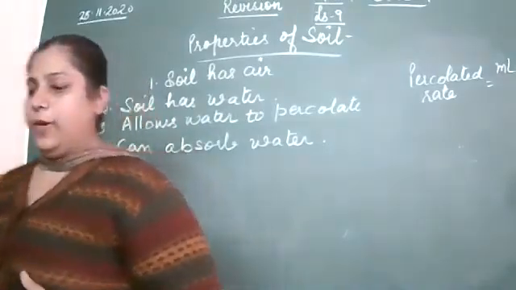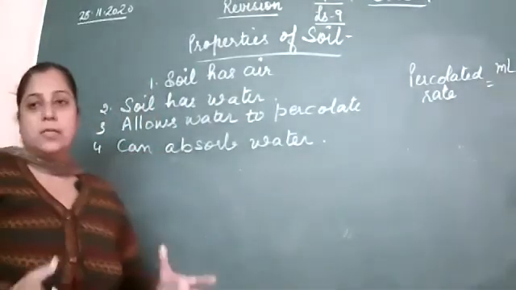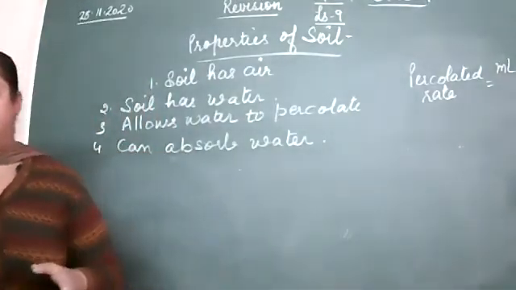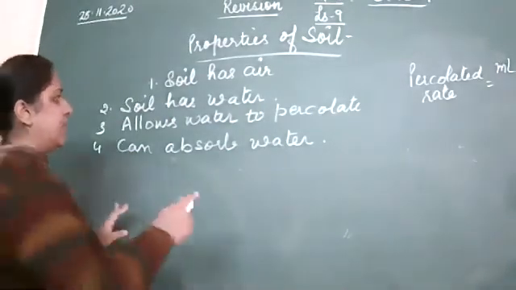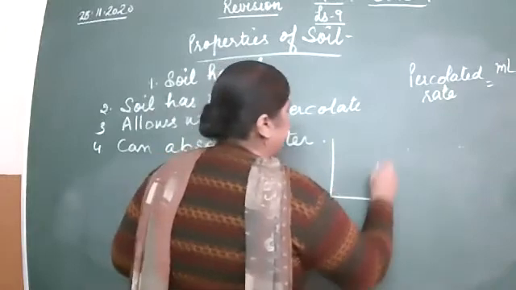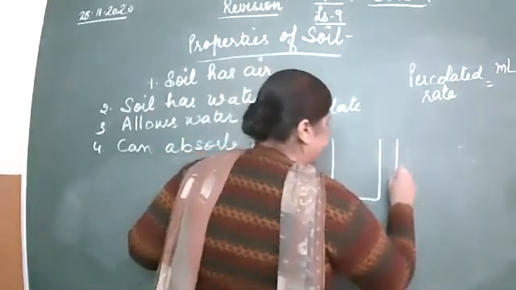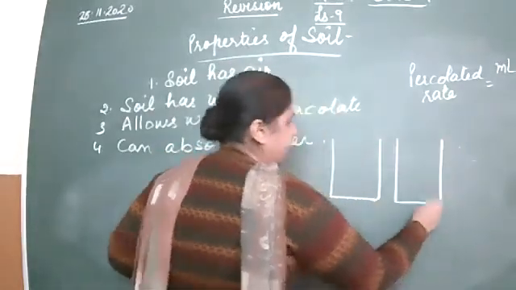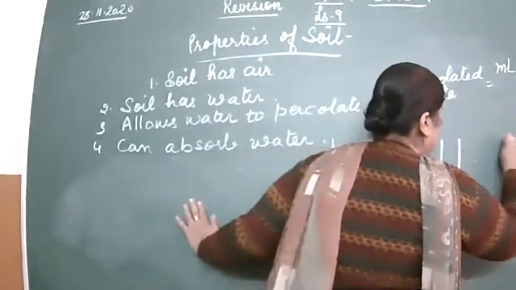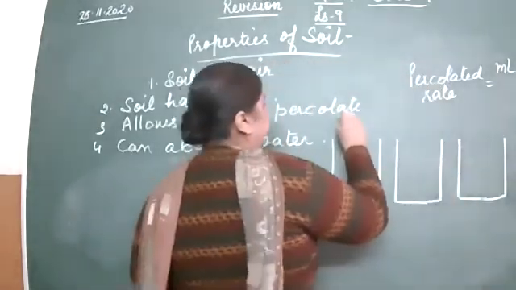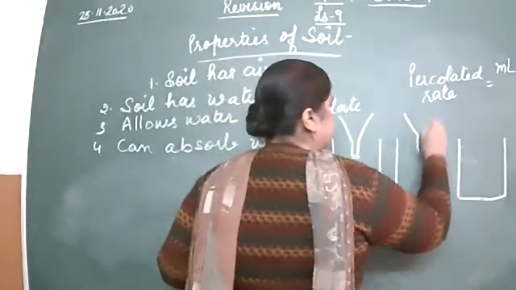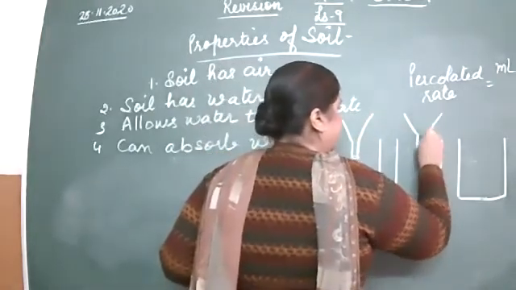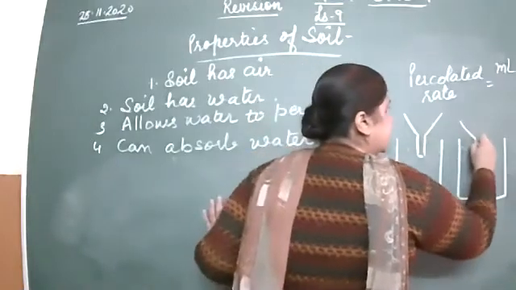What we have to do, we have to take beakers, and we have to take a funnel over it. Suppose I am taking these 3 beakers. Hurriedly, I will be finishing the topic, don't worry. Then here we have to keep the funnel like this.